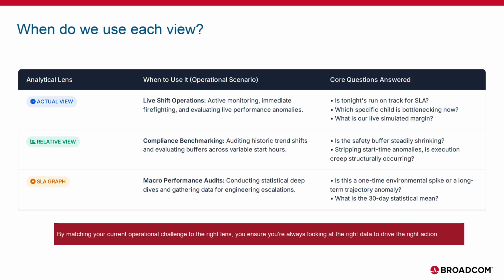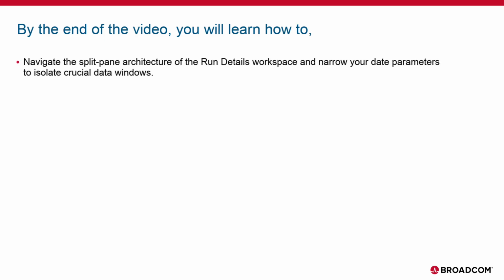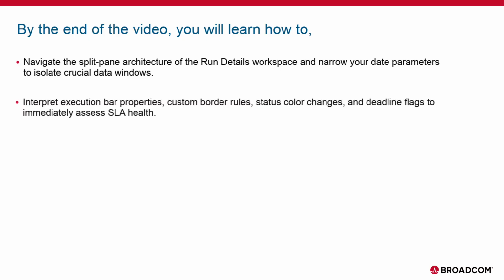In summary, by following Chris's investigation in this module, you have learned how to navigate the split-pane architecture of the Run Details workspace and narrow your date parameters to isolate crucial data windows. Interpret execution bar properties, custom border rules, status color changes, and deadline flags to immediately assess SLA health.